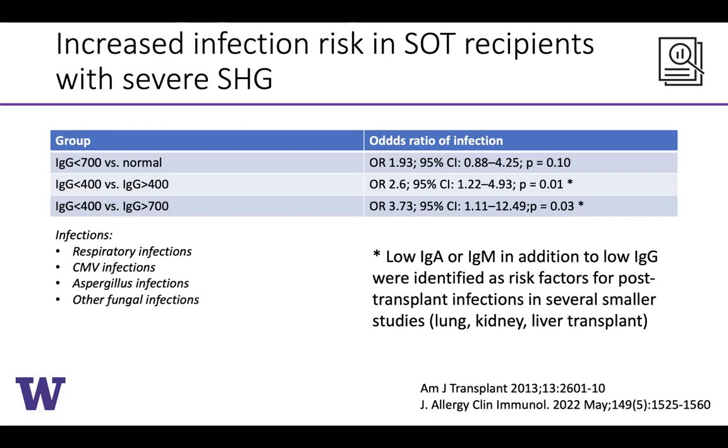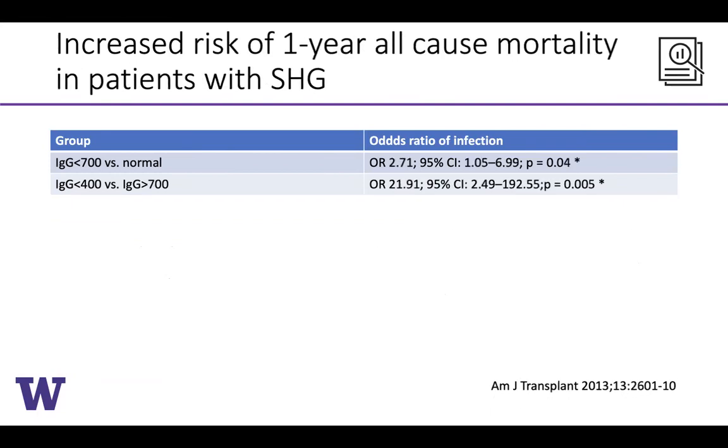In addition to this, low IgA or IgM together with low IgG were identified as risk factors for post-transplant infections in several smaller studies. There is also increased risk of 1 year all-cause mortality in patients with secondary hypogammaglobulinemia, and it is much higher in patients who have severe hypogammaglobulinemia with IgG levels less than 400 in the first year.